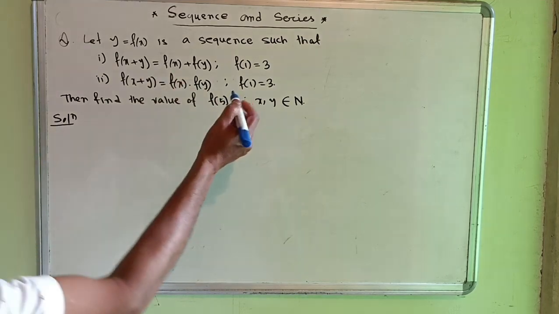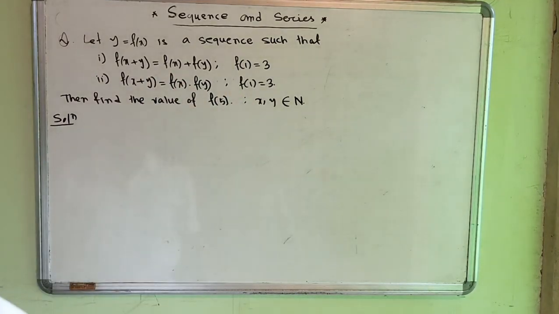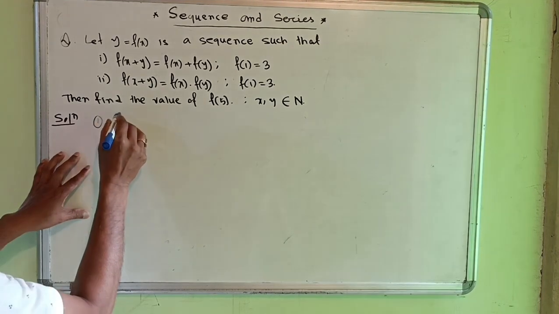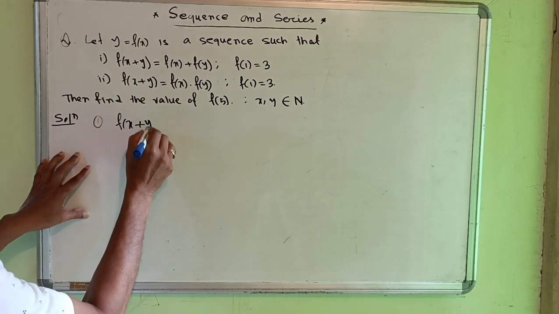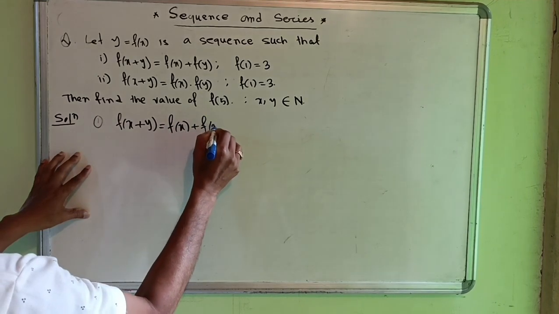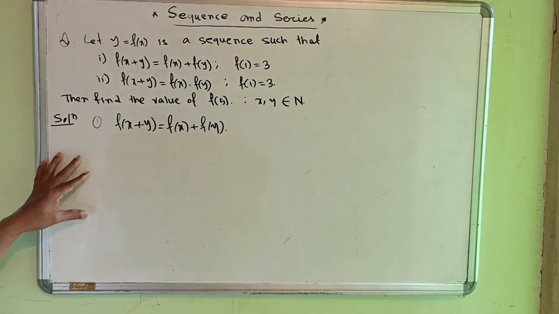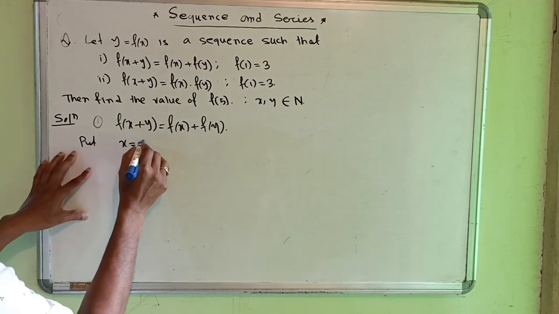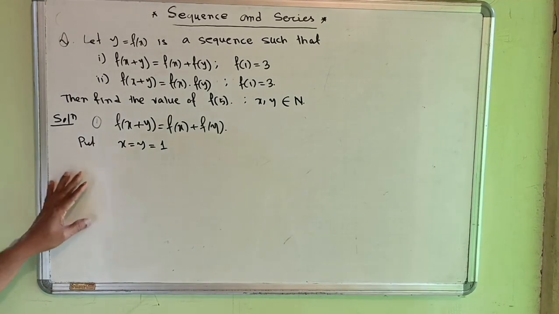First, we have to find f(5). So, number 1, given f(x plus y) is equal to f(x) plus f(y). Put x equal to y equal to 1.